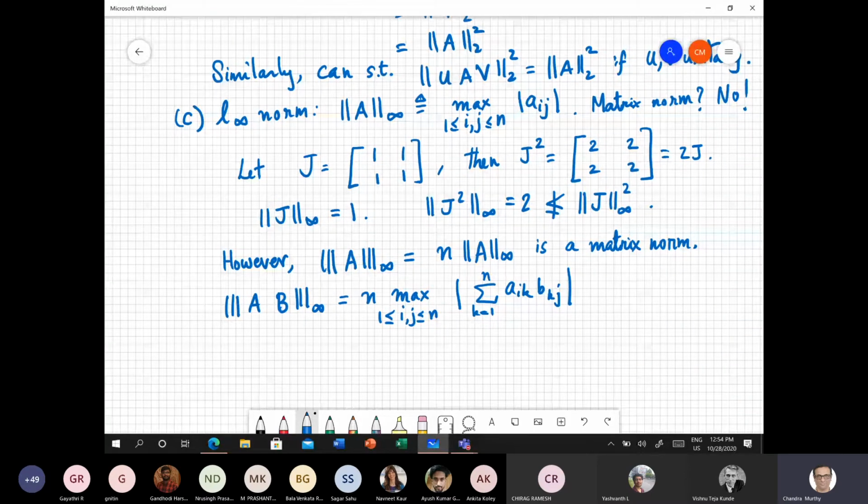Now, first of all, if I take the modulus inside the summation, I cannot decrease the value of the summation.